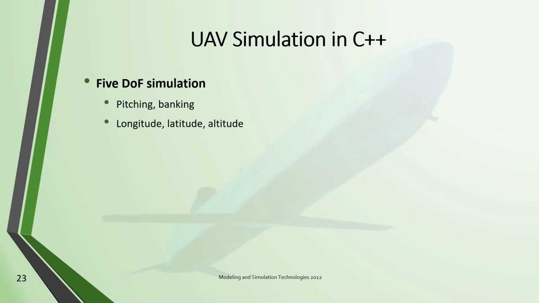It is a 5-degree of freedom simulation, which means that the UAV pitches and banks, but does not side-slip. So that is the missing degree of freedom. Its trajectory is tracked in longitude, latitude, altitude over a spherical rotating Earth.